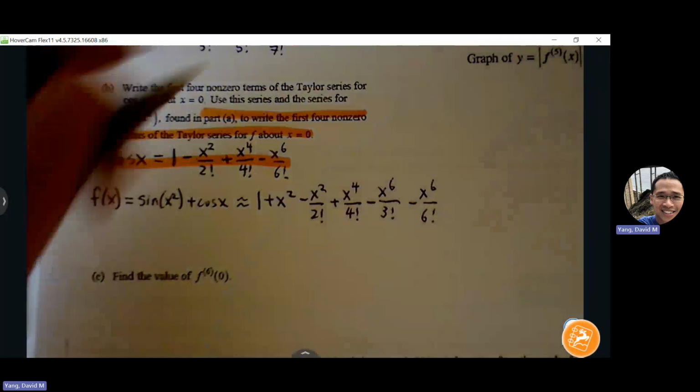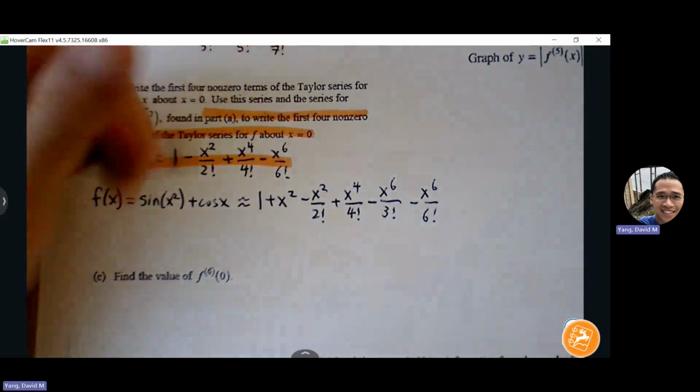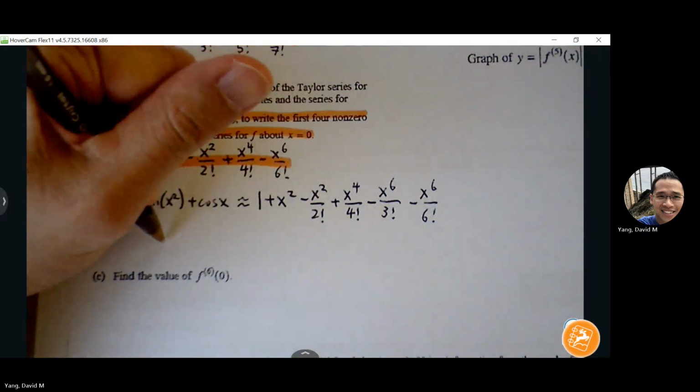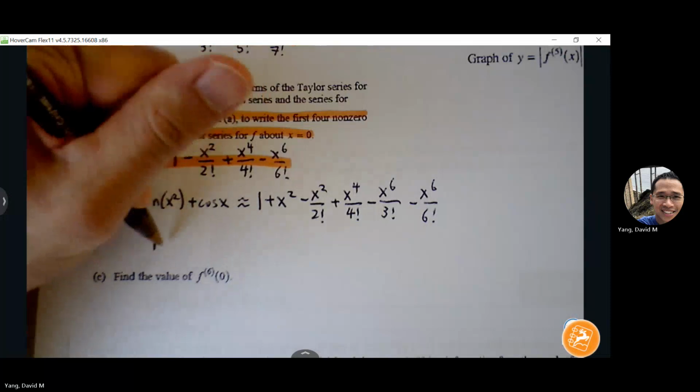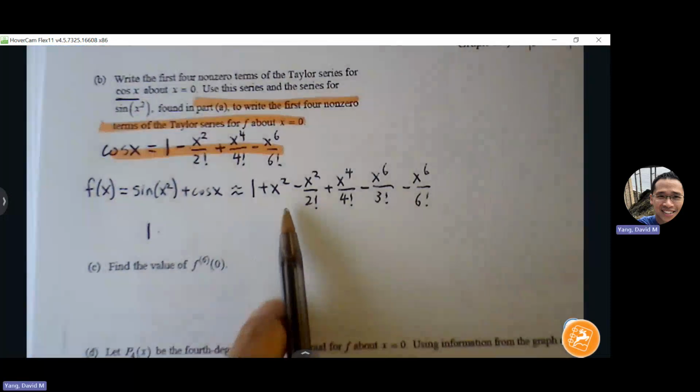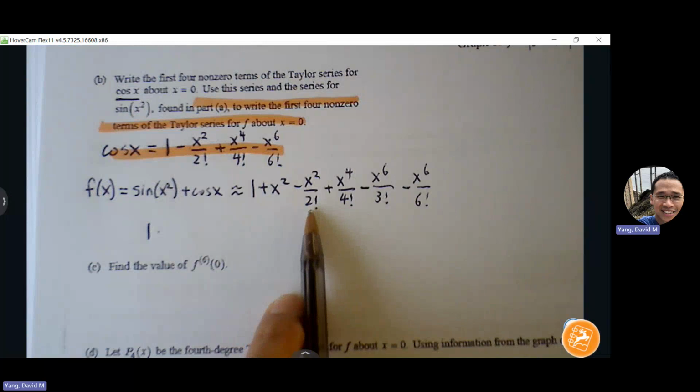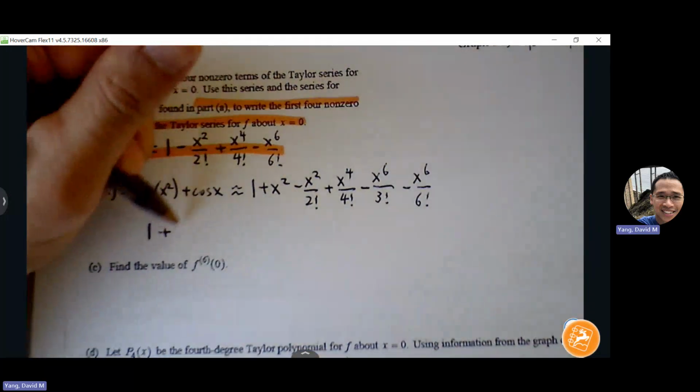Okay, so I'm going to work to clean some of these terms up. So this is 1x squared minus 1/2 x squared. So that will give me positive 1/2 x squared.